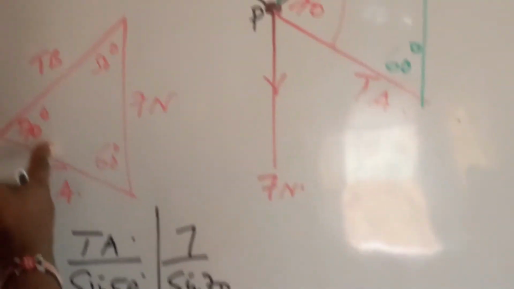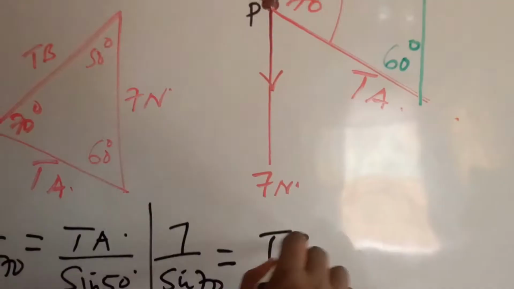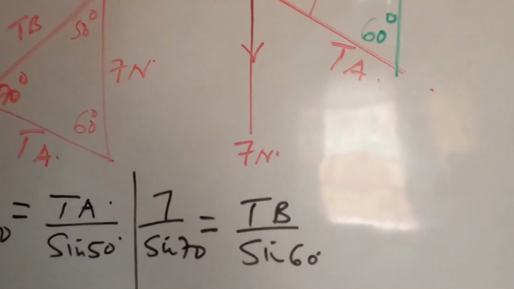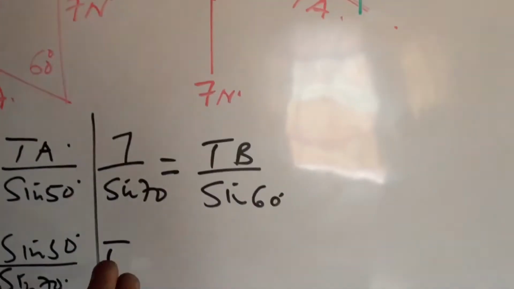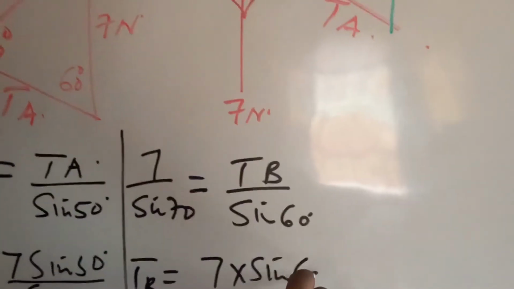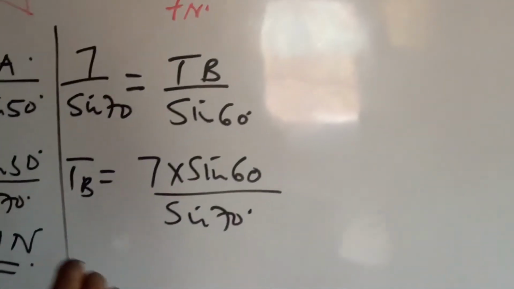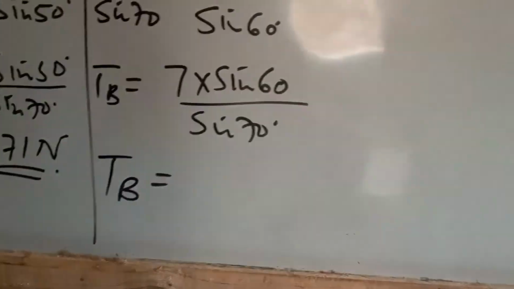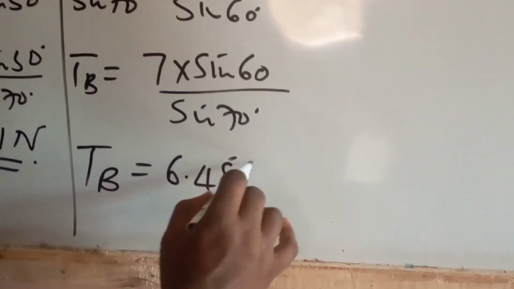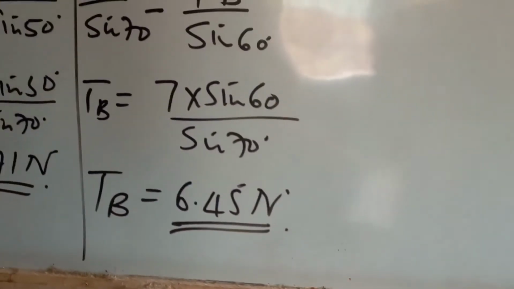So 7 over sine 70 is also going to be the tension of B over the sine of 60 degrees, making the tension of B the subject of the formula: 7 times the sine of 60, everything over the sine of 70 degrees. And the tension of B is easily found to be 6.45 newtons. All these are to 3 significant figures.